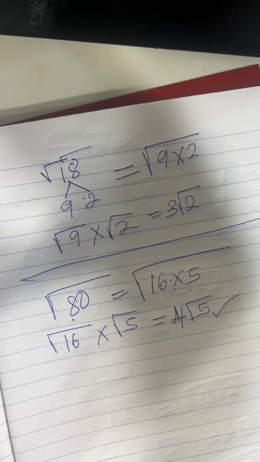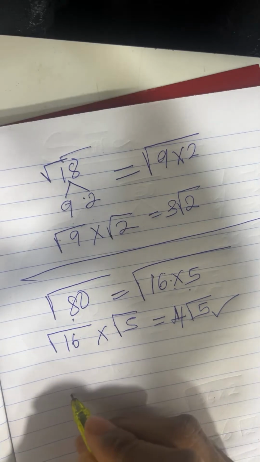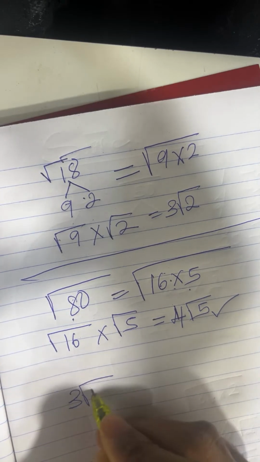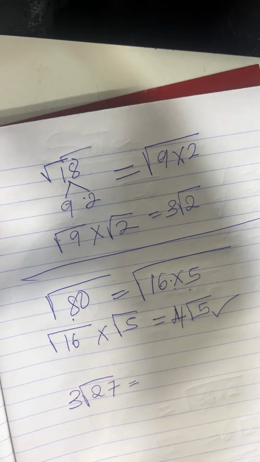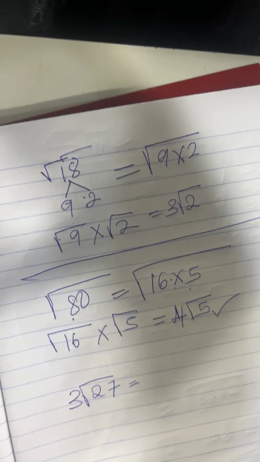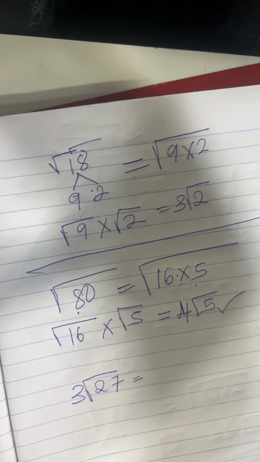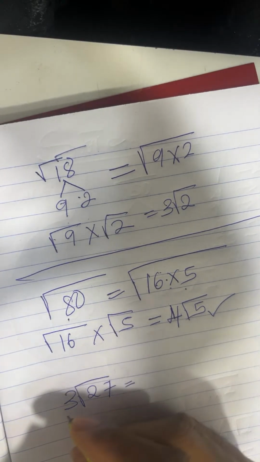Let's look at a bit more complex one that might need a little trick to simplify. We are told to do 3 root 27. Let's simplify 3 root 27. To simplify this, it is very, very easy. Okay, so what do you have to do? Forget the 3 here.